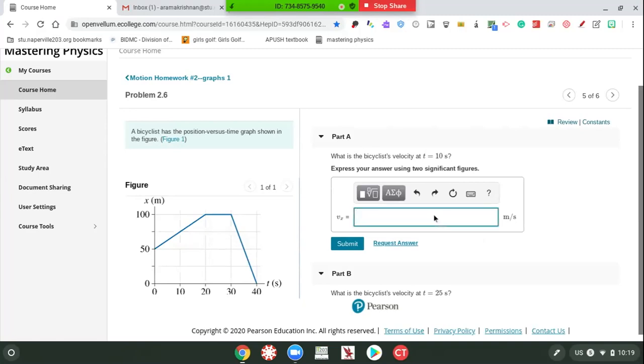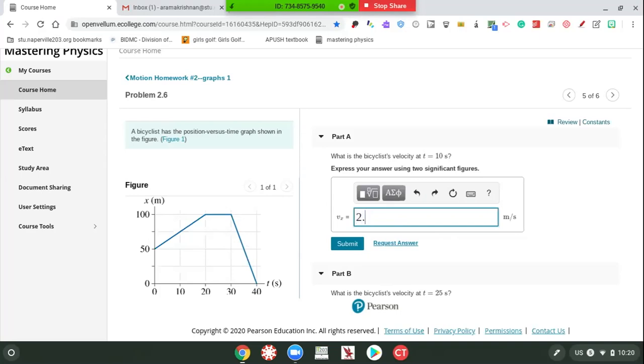Wouldn't it just be 175? It's because delta y is 50, right? Velocity is the slope of the curve. Slope of the curve is delta y by delta x. Delta y is here 50 meters and delta x is 20 seconds. So it is 50 divided by 20.